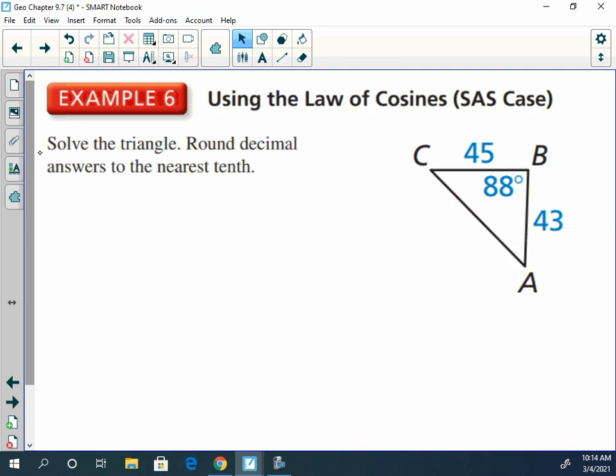It's A minus B over A plus B is equal to tangent of 1/2 of angle A minus angle B over tangent of 1/2 of angle A plus angle B. And for this, if you remember doing systems of equations, x plus y equals 4 and 2x minus 3y equals 7.